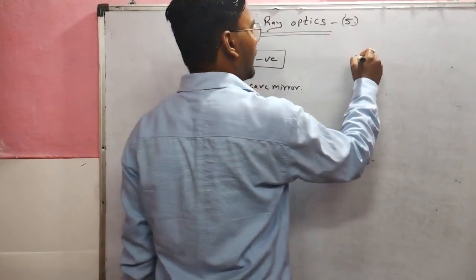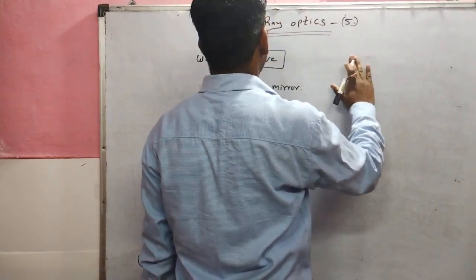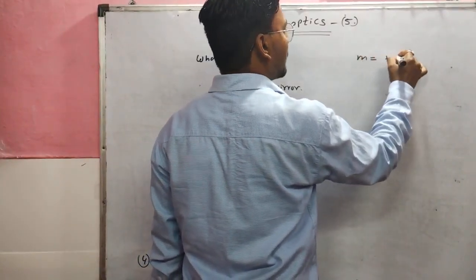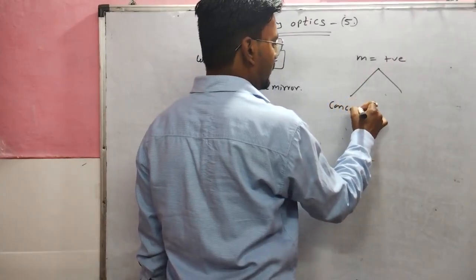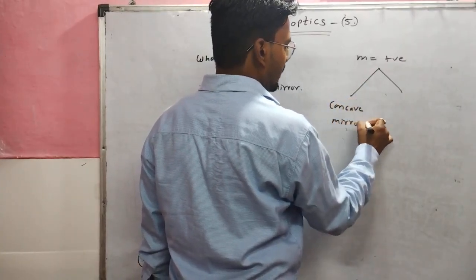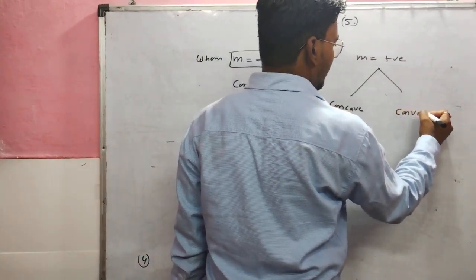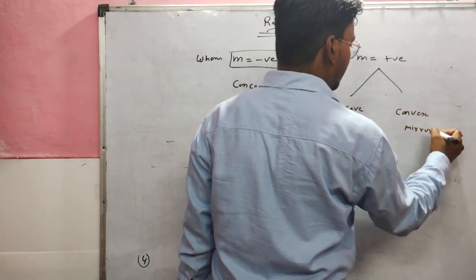But when magnification is positive, then maybe it is a concave mirror, maybe it is a convex mirror.